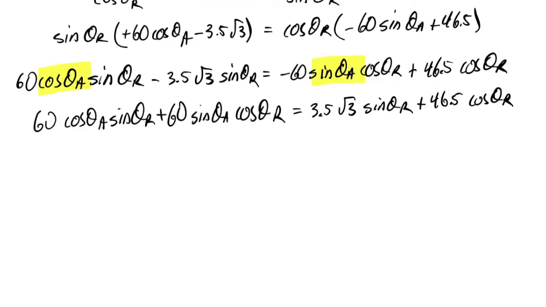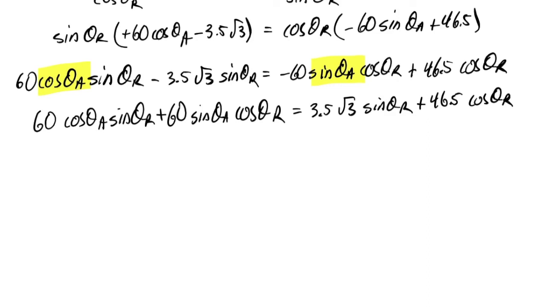This may look like we're not any closer to a solution, but I promise you we are. And some of you might be having a bit of an inkling of what's coming, and you might not like it. So clearly there's going to be some trig stuff involved here, and perhaps getting rid of these 60s on the left-hand side might help the process along a little bit.